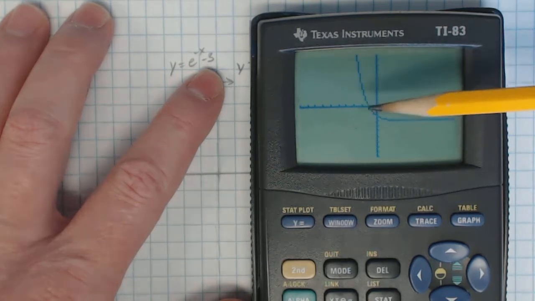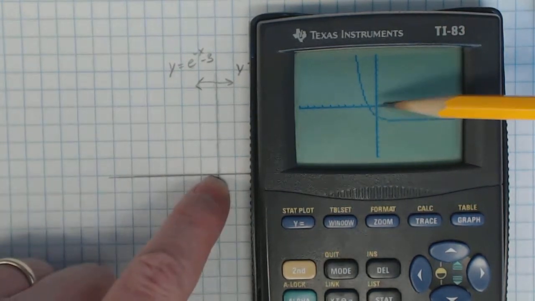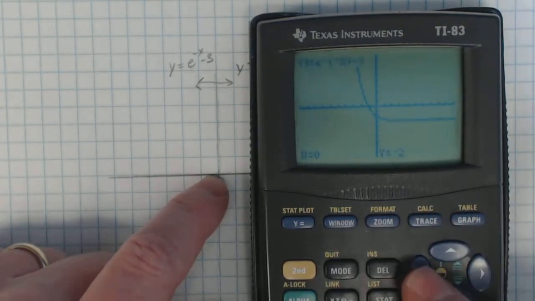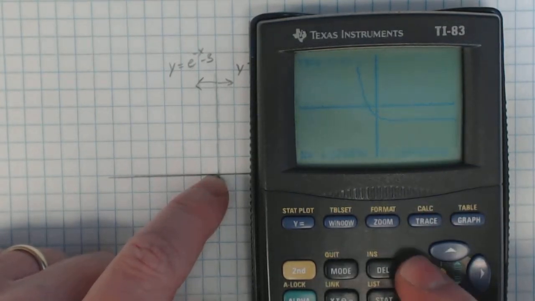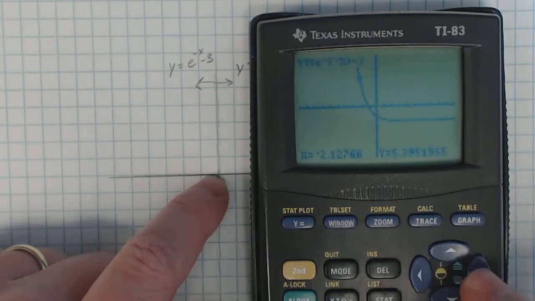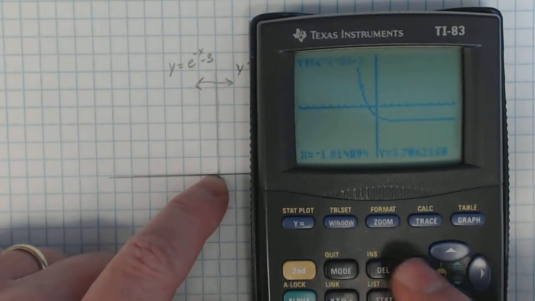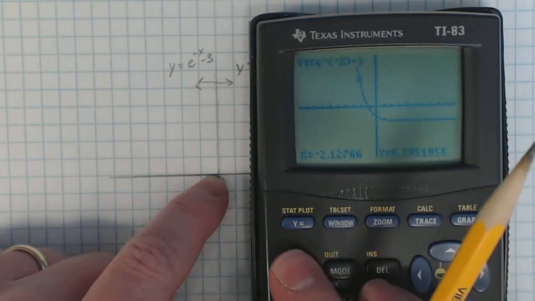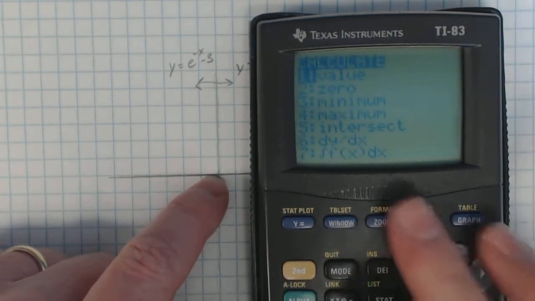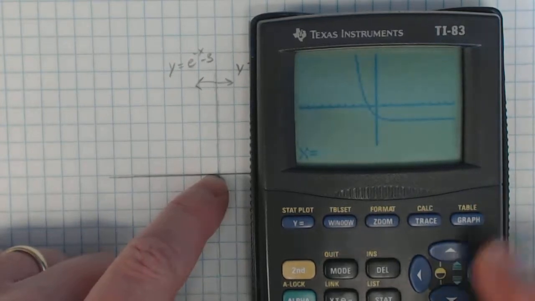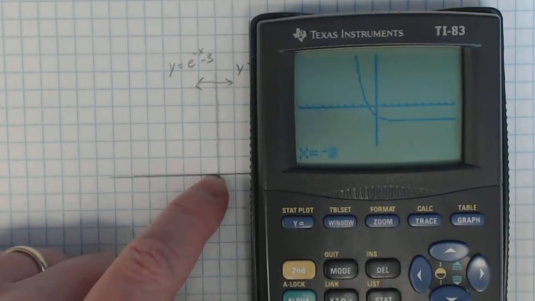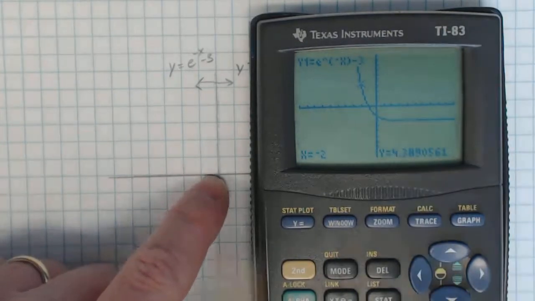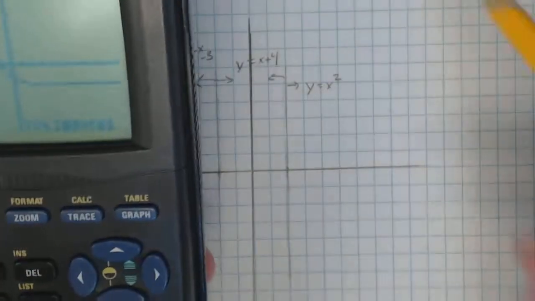So we only want to look at where it's -2. So where is -2 at here? I'm going to use the trace button, go back until where that x says -2. Actually, second trace, and let's get a value. The value at -2 is 4.389, so about 4.3.